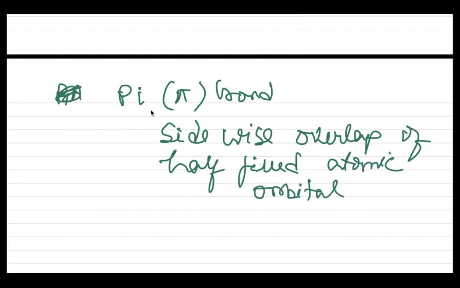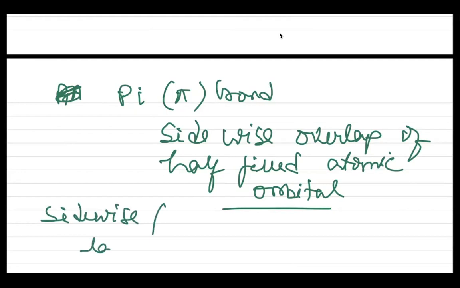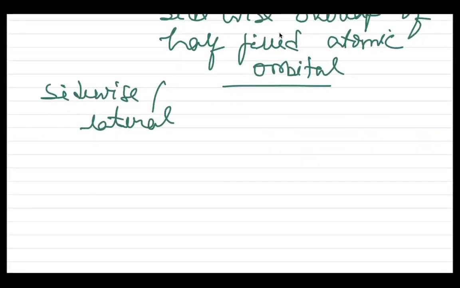Obviously atomic orbitals form bonding orbitals, and this type of overlap is known as sidewise or lateral overlap. Let's see how the bond is formed.